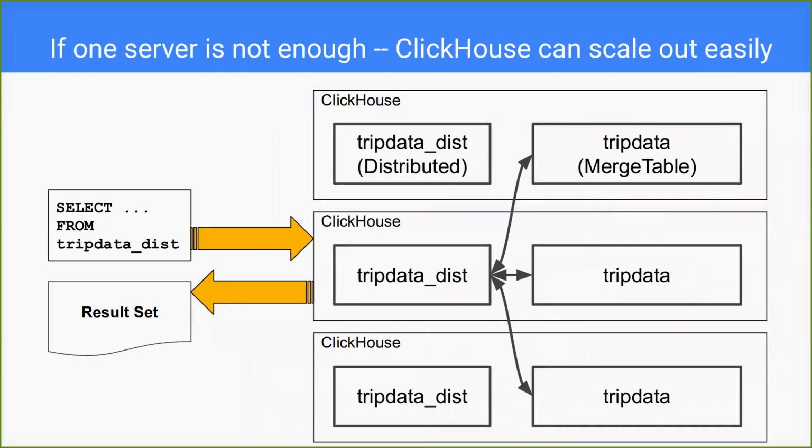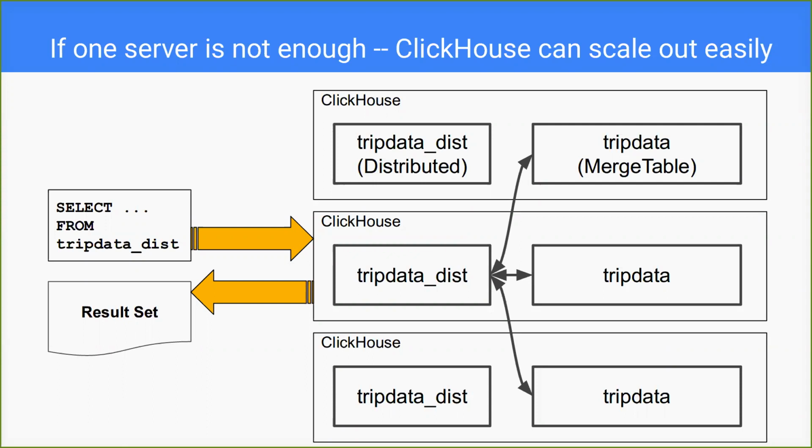More generally, if you have a large problem, you're going to scale out to multiple nodes, and ClickHouse supports this very nicely. We have local tables, which is what I just showed you, and then you have something called the distributed table, which is a table that knows about the local tables and can do an intelligent federated query across them.